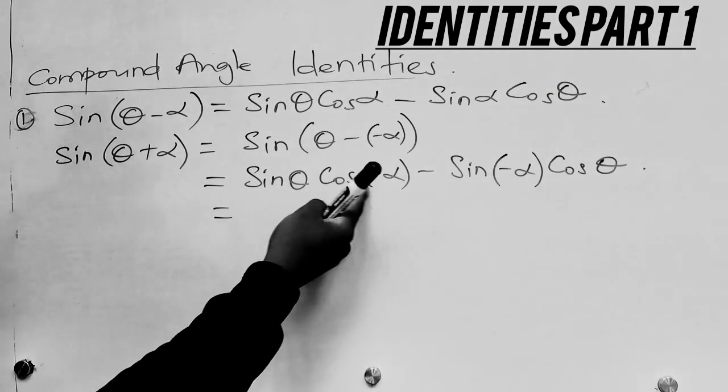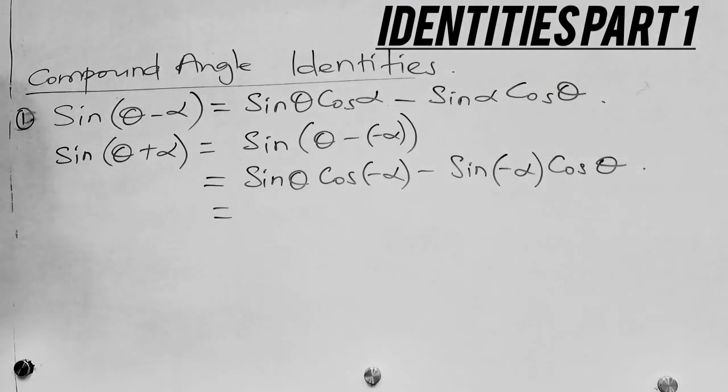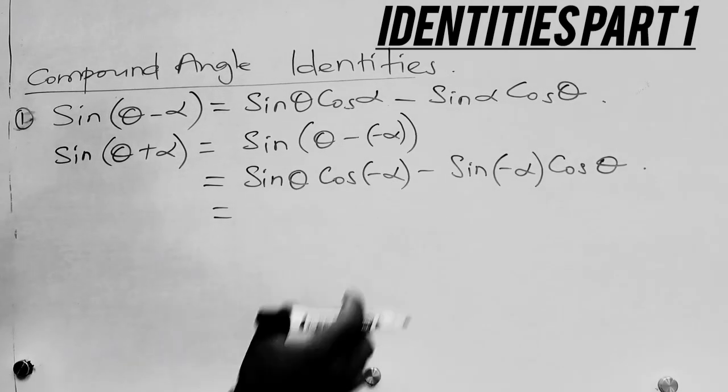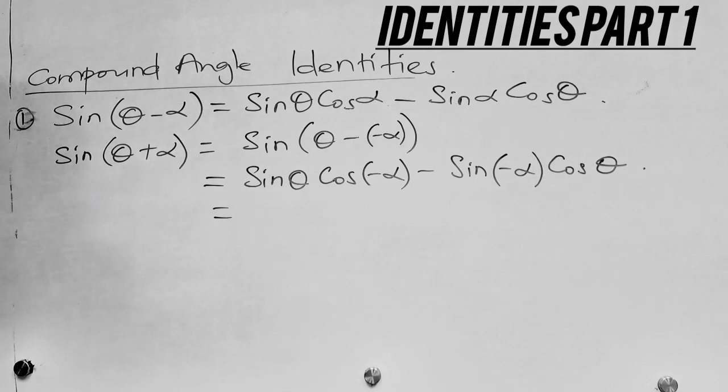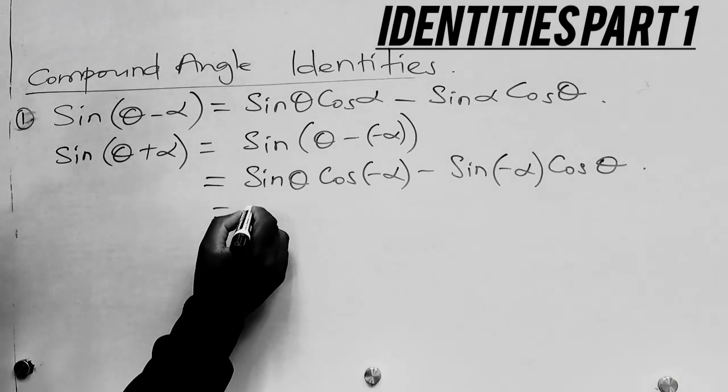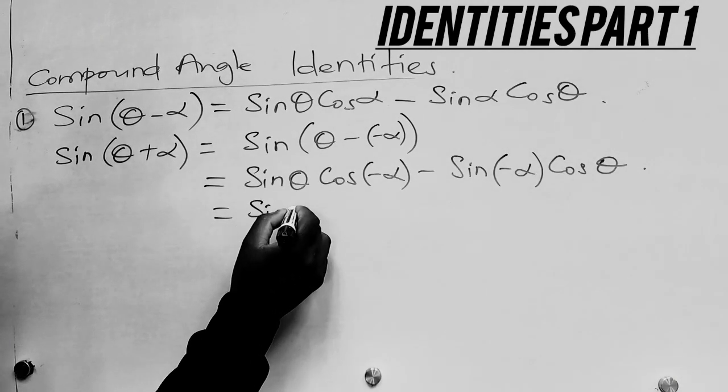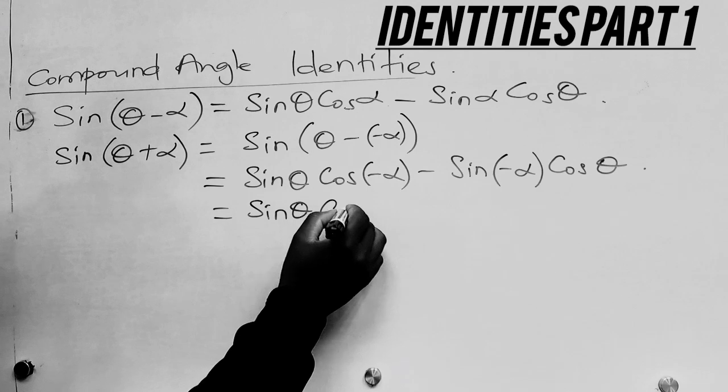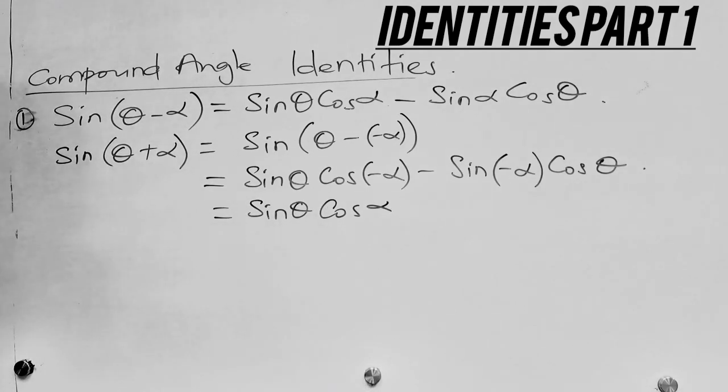Then cos negative alpha: from the reduction formula, we know that negative alpha is a negative angle, which is found in the fourth quadrant. In the fourth quadrant, cos is positive, so this reduces to cos alpha.